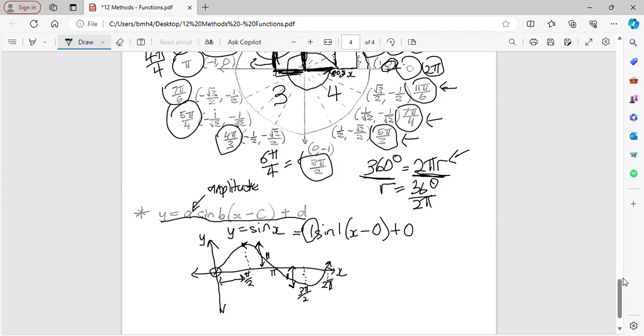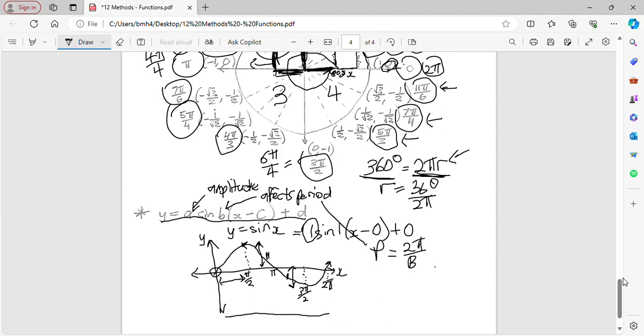B. We don't say it's the period because it's not the period. It affects the period, we say. Because the period is actually equal to 2 pi on B. And the period is the distance of one cycle.